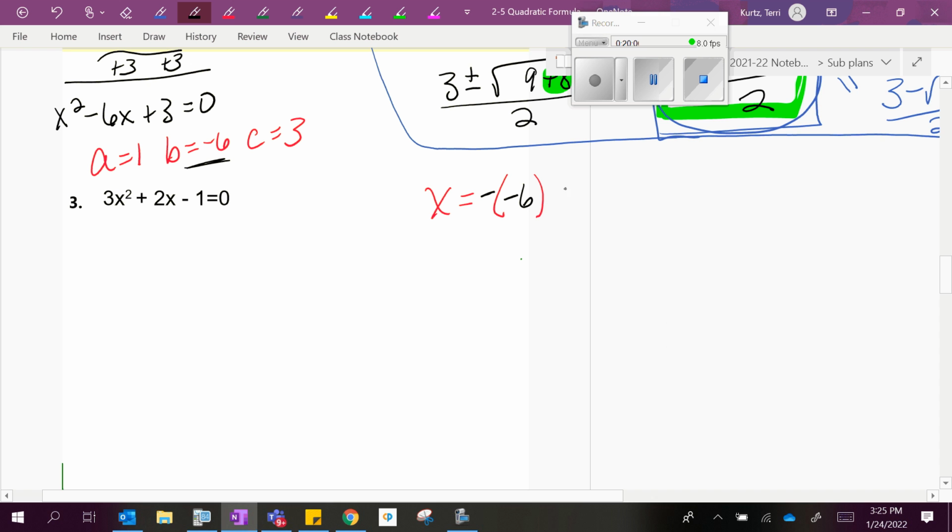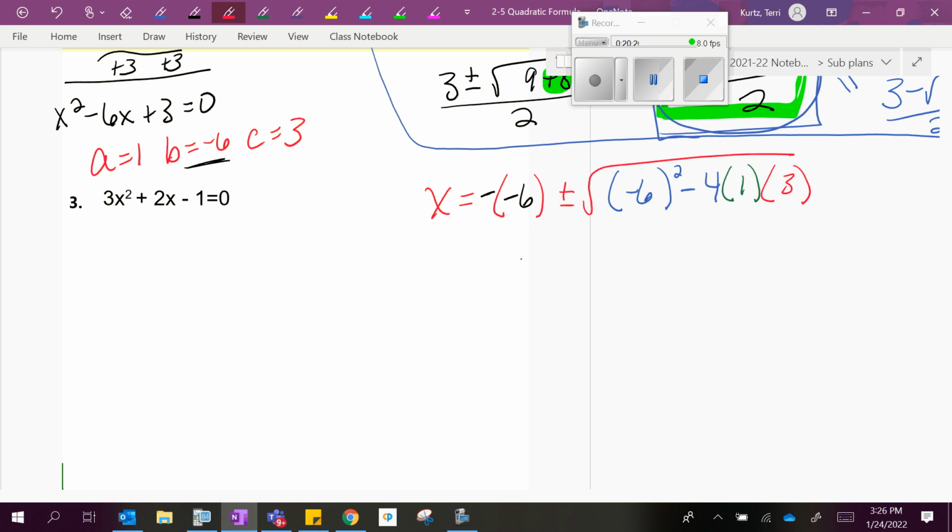Negative b, plus or minus the square root of b squared, so that's going to be negative 6 squared, minus 4 times a, which is 1, times c, which is 3, all over 2a. Plug in all my values.